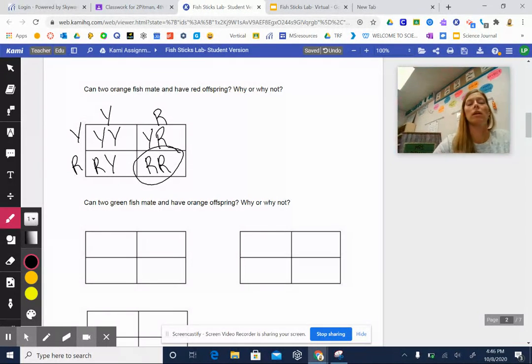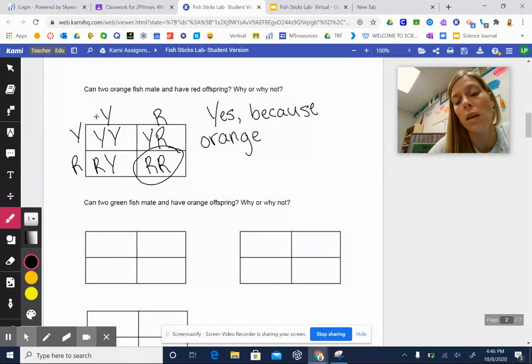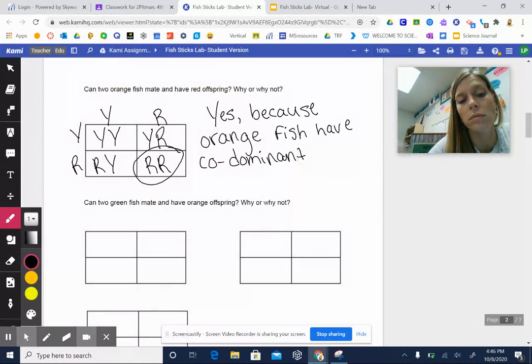Well, here it's yes, because orange fish have co-dominant red gene, and red and yellow genes.